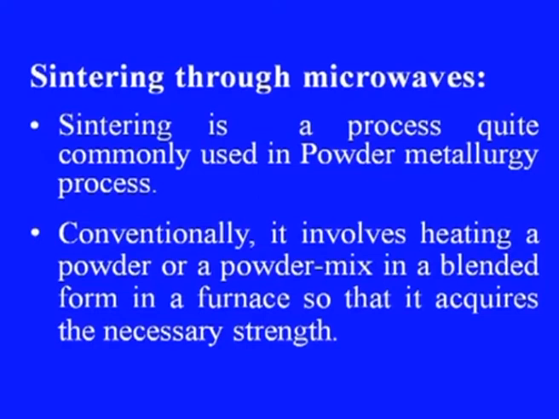Conventionally, it involves heating a powder or a powder mix in a blended form in a furnace, so that it acquires the necessary strength. Tinga and Voss, these two scientists, first reported the use of microwave for sintering of ceramics way back in 1968.